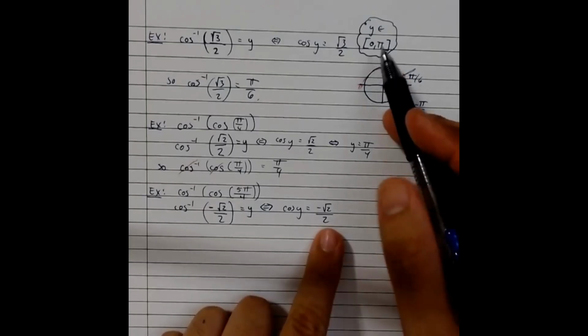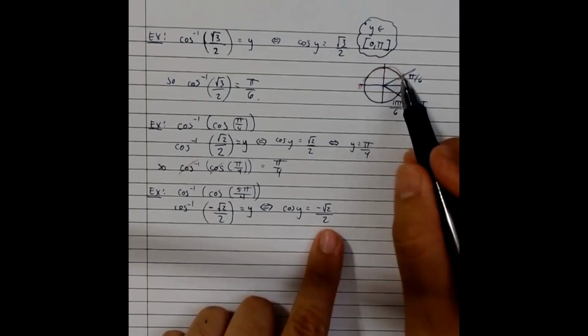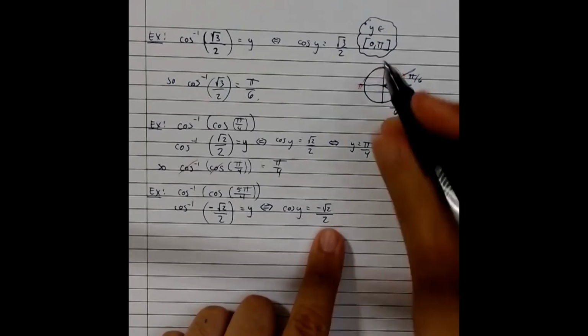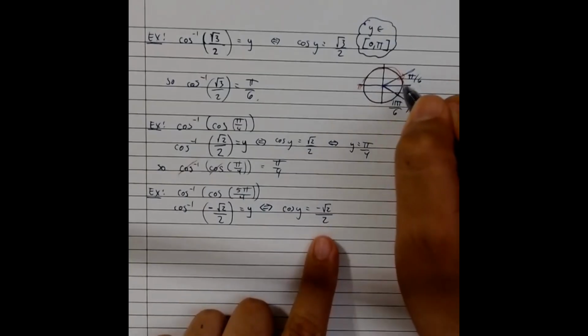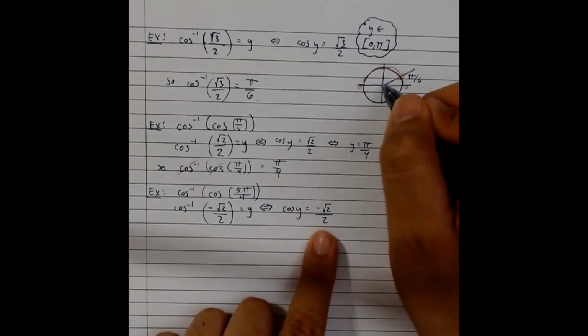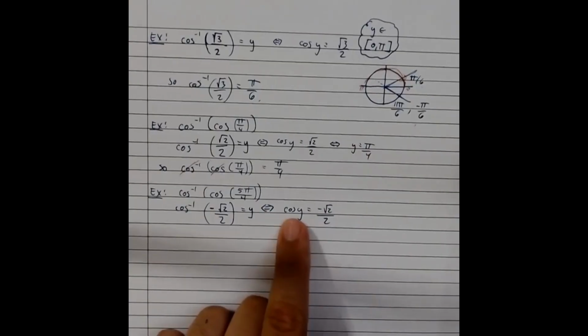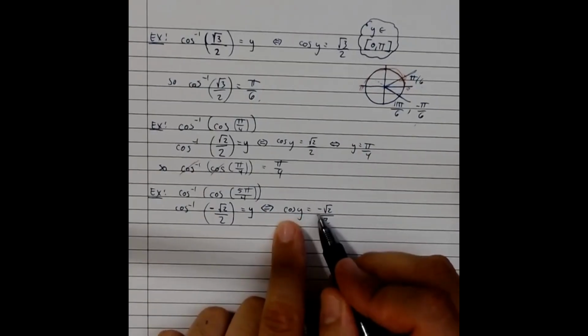But 5 pi over 4 is not between 0 and pi. We need a number that's up here in either quadrant 1 or quadrant 2. The only number in between 0 and pi whose cosine is negative root 2 over 2 is 3 pi over 4. Yeah, if I take the cosine of 5 pi over 4, I do get negative root 2 over 2.